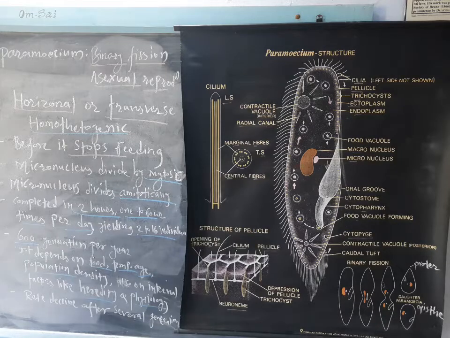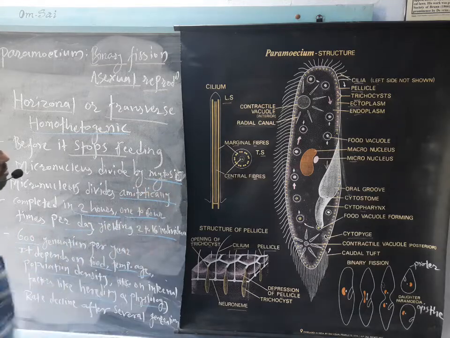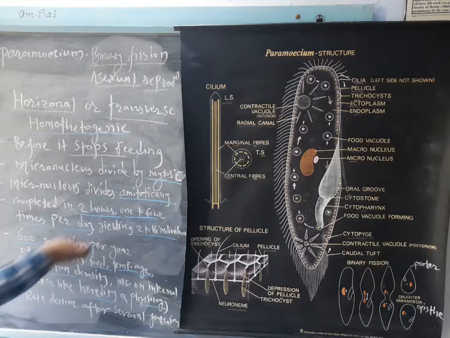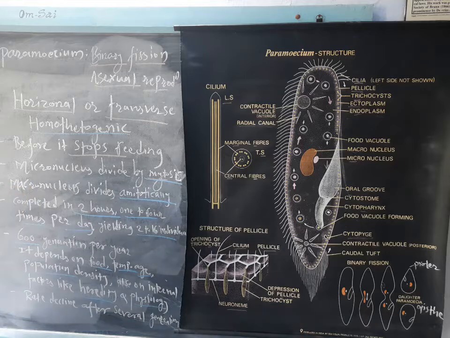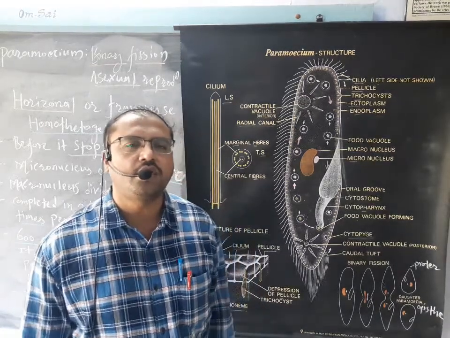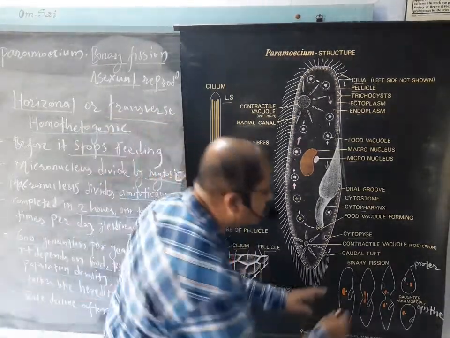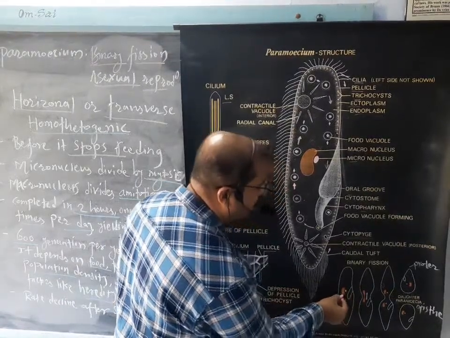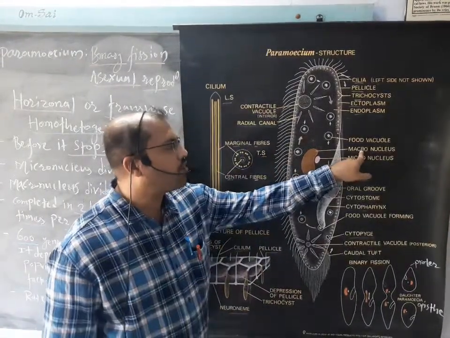Then, after stopping feeding, the micronucleus divides by mitosis, but the macronucleus divides amitotically. This small one is the micronucleus, and this larger one is called the macronucleus.